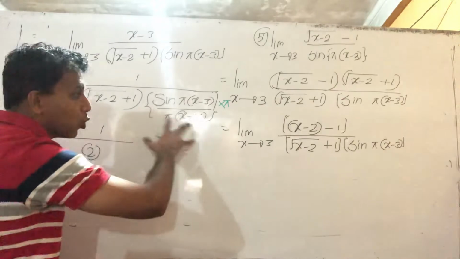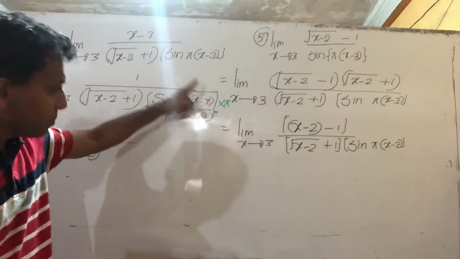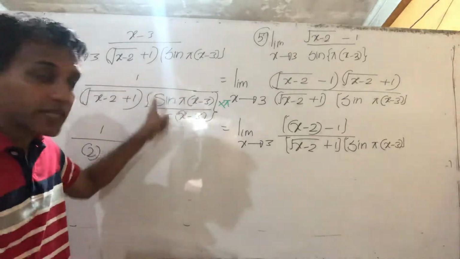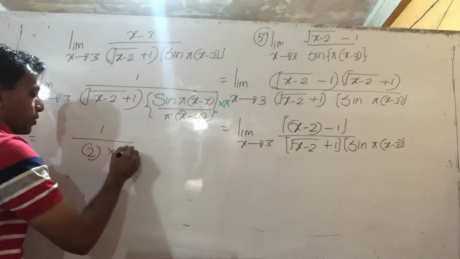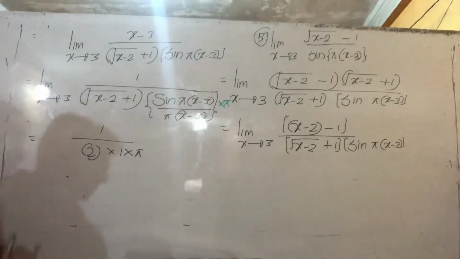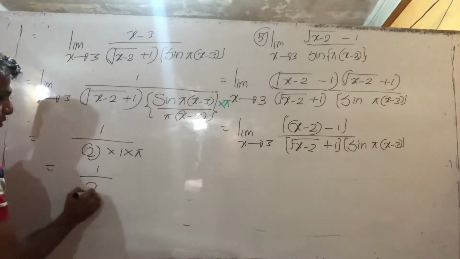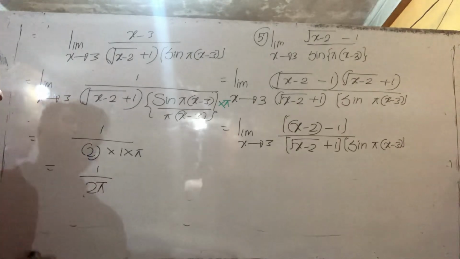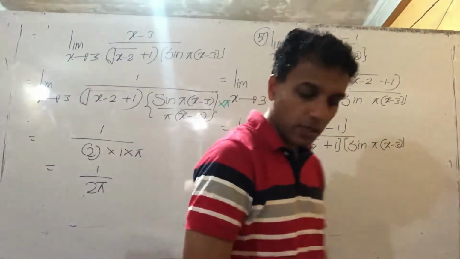Sine theta over theta form, right? When x is 3, theta is 0, that means sine theta over theta here is 1. This is 1, that is 1 into pi, okay? Therefore the answer is 1 over 2 pi. Check that accuracy, 1 over 2 pi. Is it okay? 1 over 2 pi is the answer.